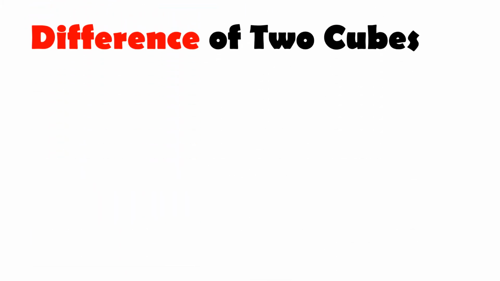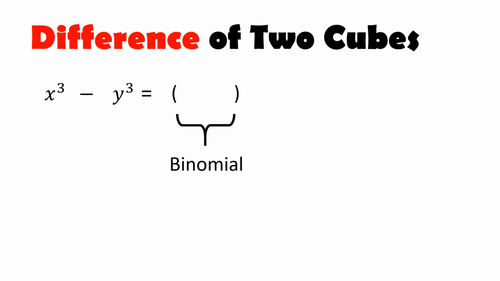Let us learn how to factor out the difference of two cubes. In general term, x cubed minus y cubed. Consider that the first and the second terms must be a perfect cube, and the operation is minus. So the factors of the difference of two cubes must consist of a binomial and a trinomial.